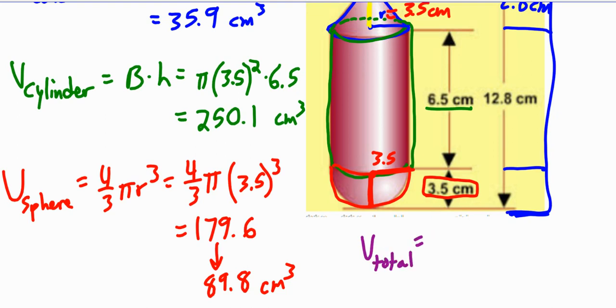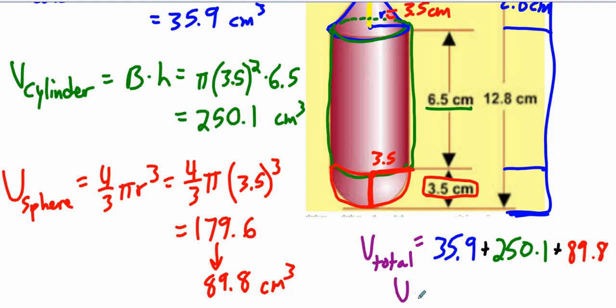So the total volume is going to be 35.9 plus 250.1 plus 89.8.